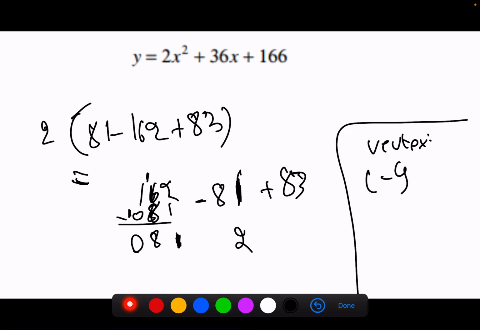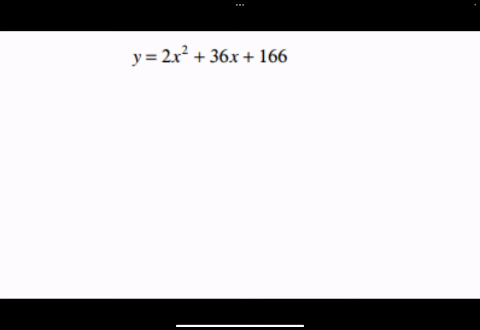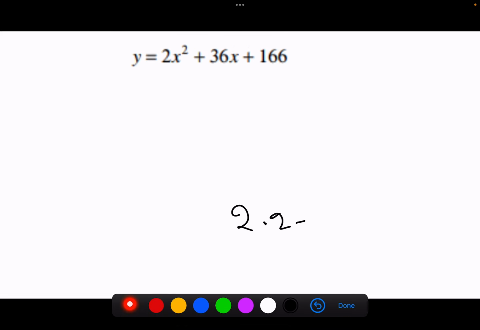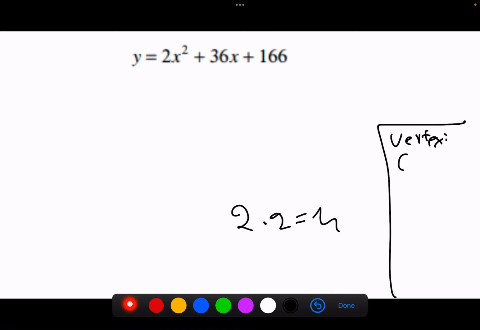And then we have that times 2. Okay, I'm really not in the mood here. I had 2 times 2 is equal to 4. So the vertex point is 9, 4. I keep losing my stuff. Was it negative 9? Yeah, it was negative 9, 4.